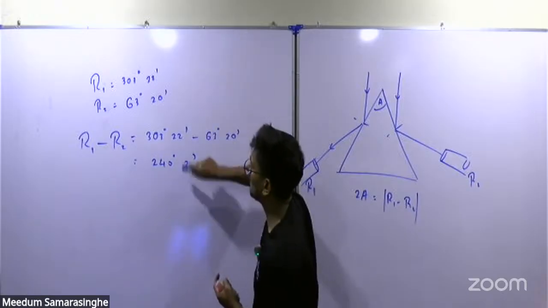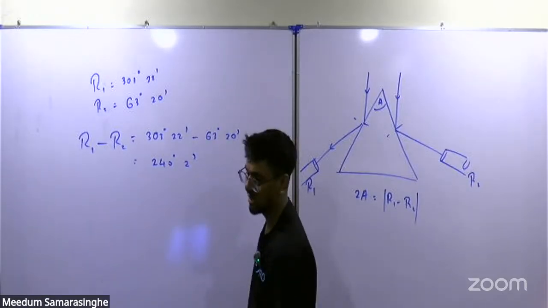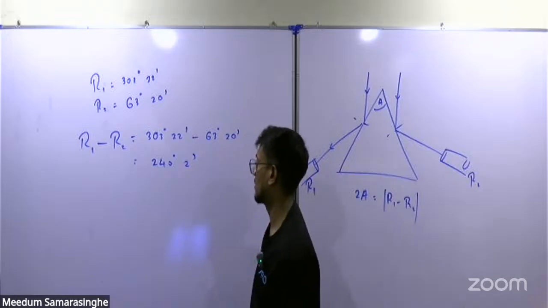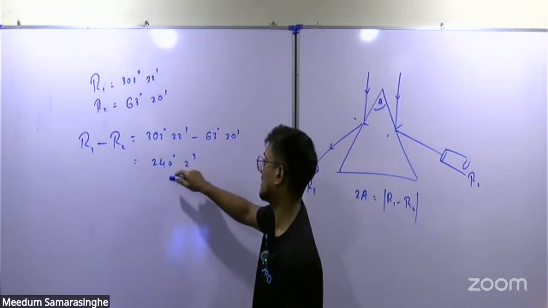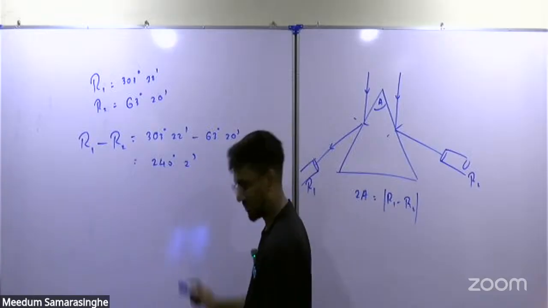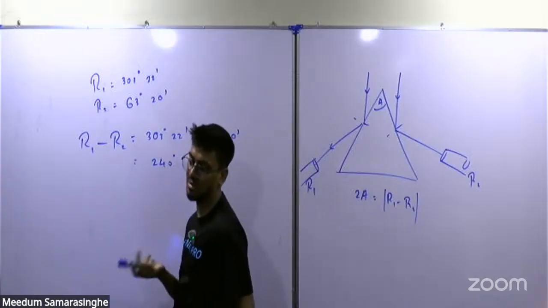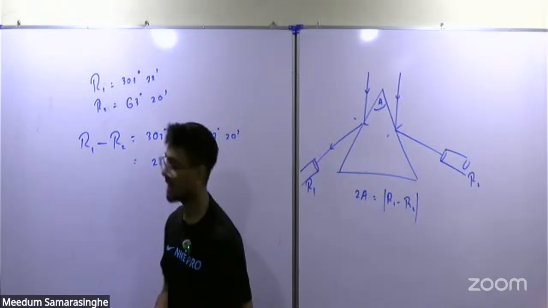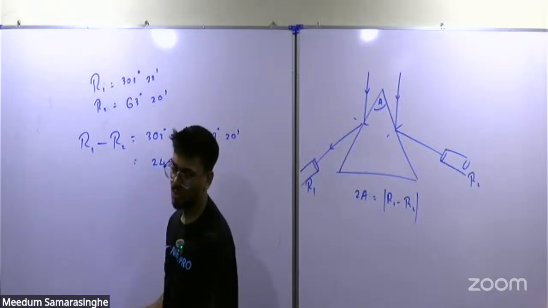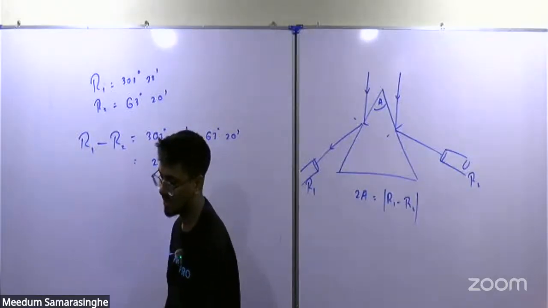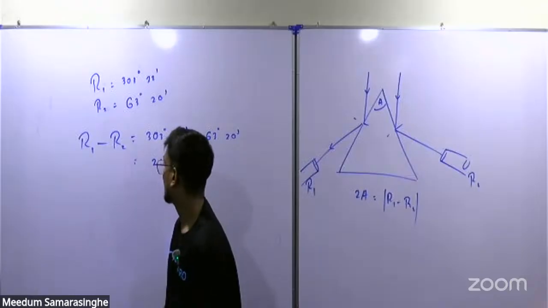But the difference in the readings is greater than 180. When it is greater than 180, that means the prism angle is greater than 90. So this is 240. So what has gone wrong here?